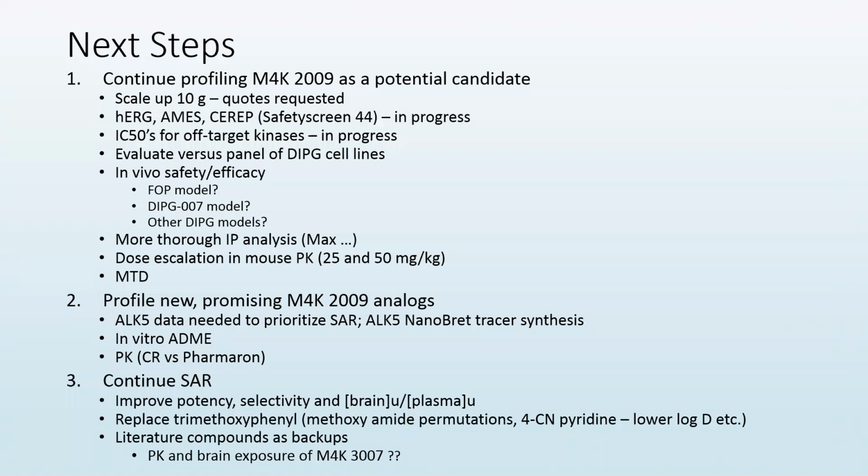Ultimately, we need to show efficacy in a DIPG model, but getting some PK/PD and safety data and dose response in a proven FOP model might give us more confidence moving forward in terms of how much compound we need on board to at least affect that disease, and give us a target when we move into the DIPG in vivo model.